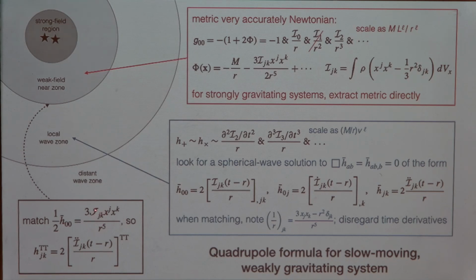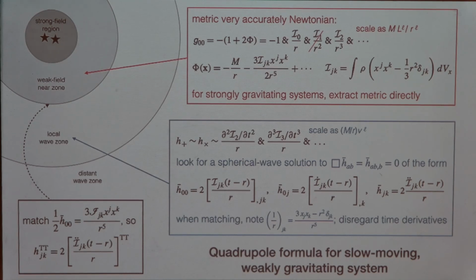I have a different form for the I, but it's the same thing really. And so the part that I care about for the gravitational wave, which is the TT space part, is the second derivative of the quadrupole moment over r, appropriately delayed and cast into the TT shape. So that means that the naive formula was actually correct, for a weakly gravitating system.